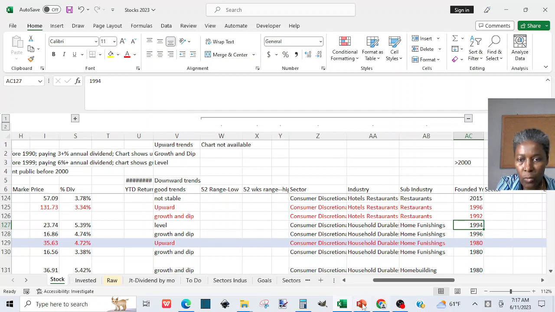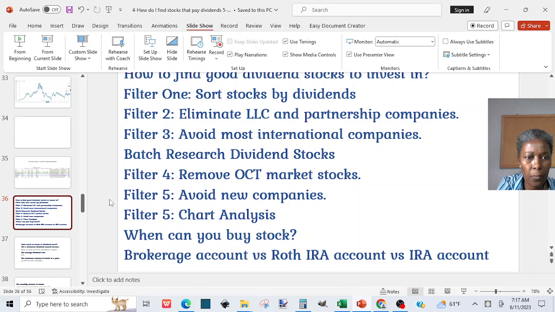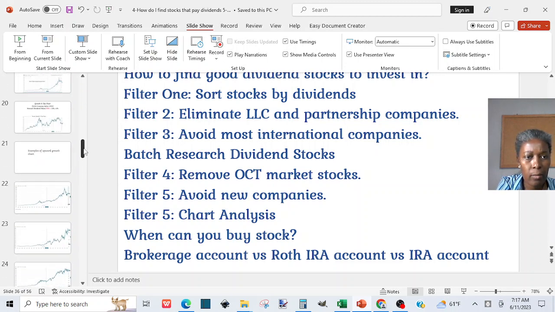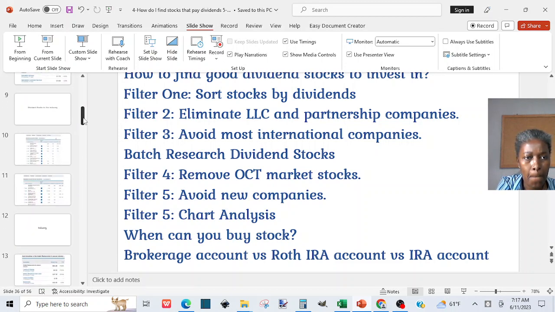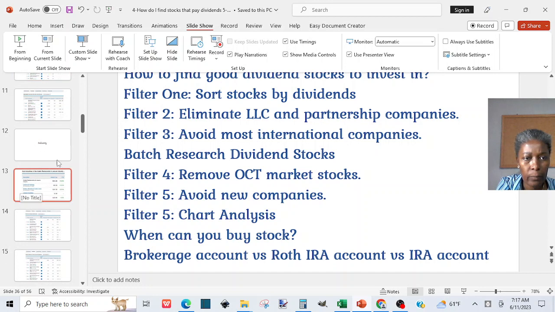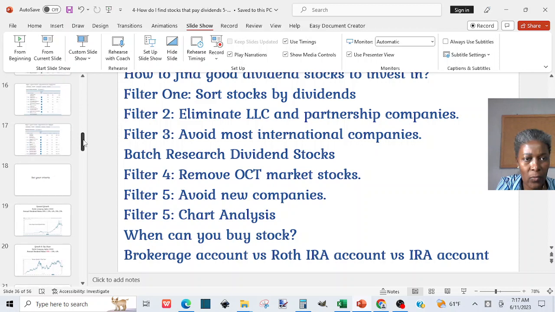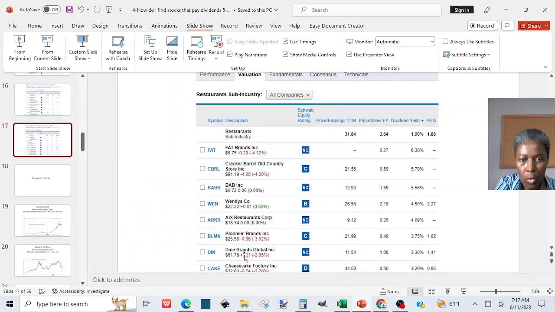So now let's move to the next one. So we need to find our companies, and I think we are doing it backward this time, starting with the last one. So DIN.